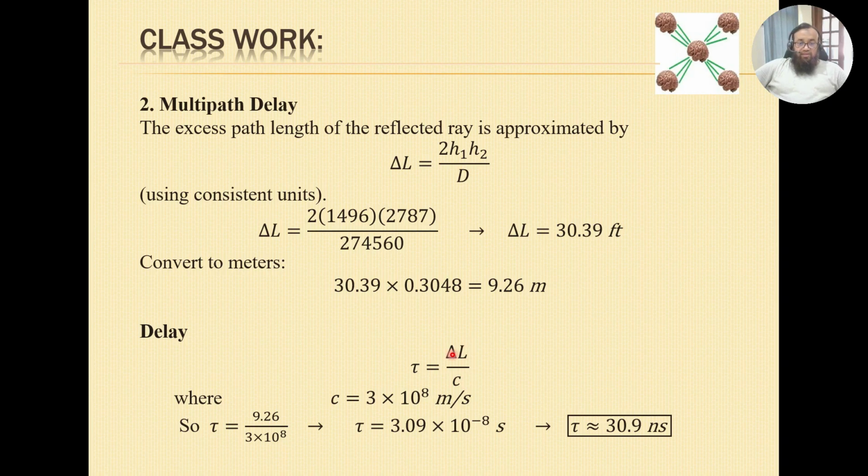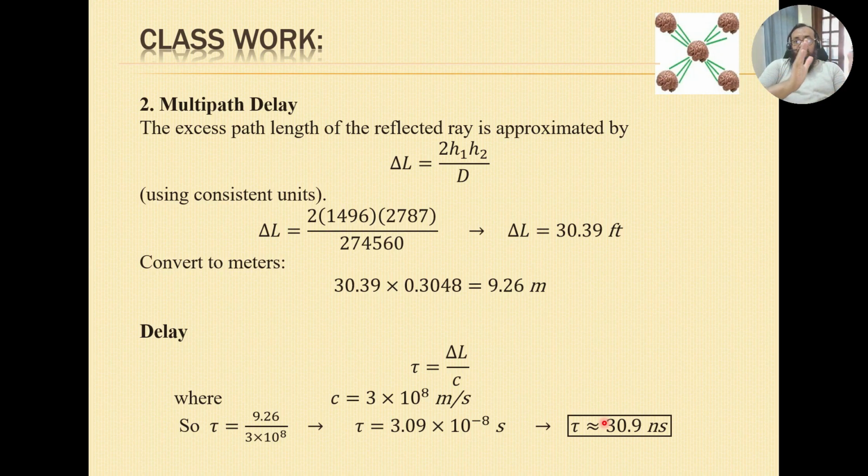So we take the value in meters, 9.26 meters, and we divide it by the speed of light, which is 3 into the power 8 meter per second. So we get almost 3.09 into 10 to the power minus 8. So we make it 30.9, and this will become 10 to the power minus 9, which is a nanosecond. So the delay comes out to be 30.9 nanoseconds.